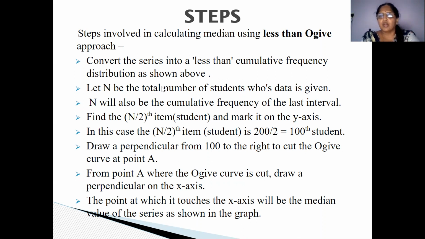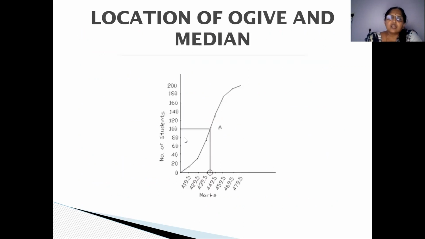This is already given in the problem, converted to a less than series. Usually they convert into a less than series. Similarly we get the fourth, fifth and sixth cumulative points.